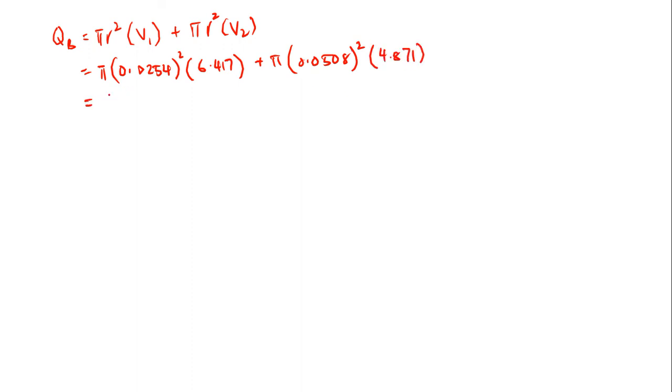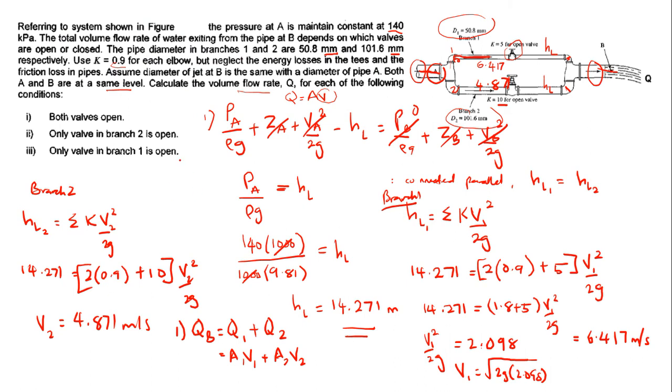If you calculate this, the flow rate with both valves open is 0.0525 meters cubed per second.